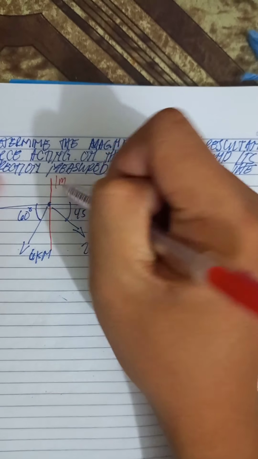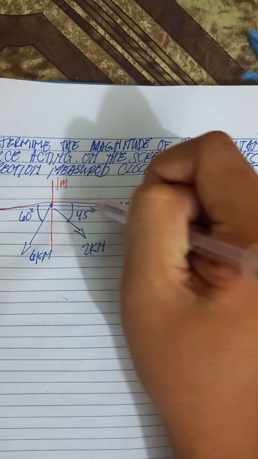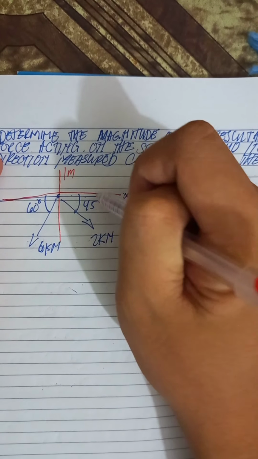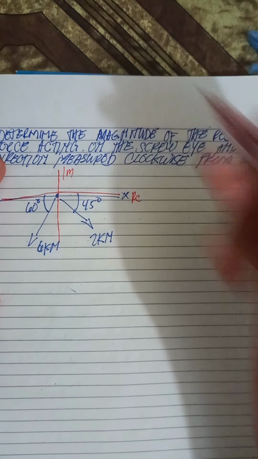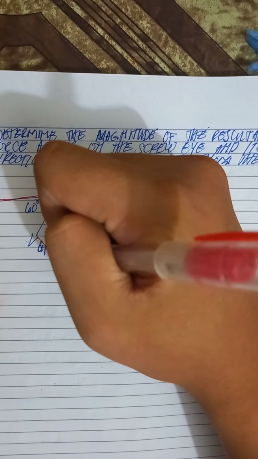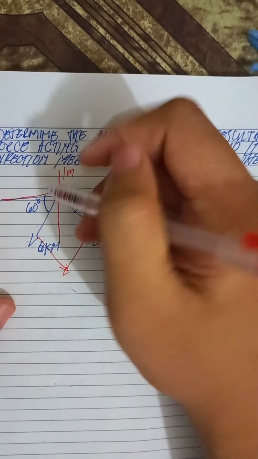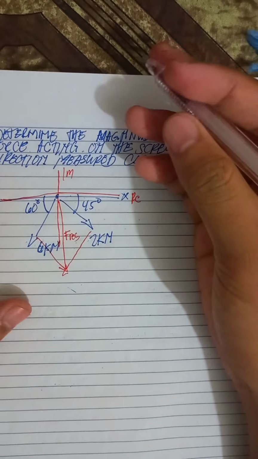So first we have to draw our diagram. This is Im and this is Re. Second, we have to put from here to this, and this is the resultant FR.